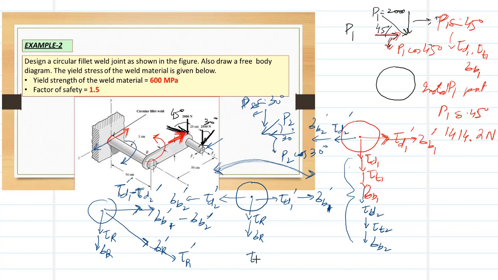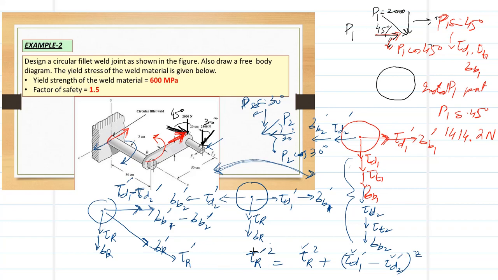So tau r square is equal to tau r square plus this, tau d1 prime minus tau d2 prime, whole square. Because this is known, you can find the resultant shear stress like this.